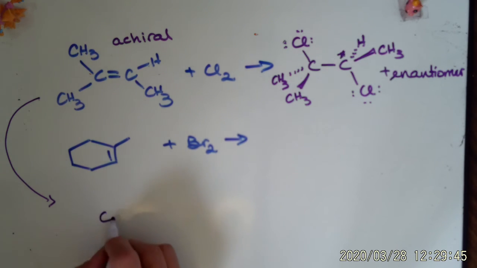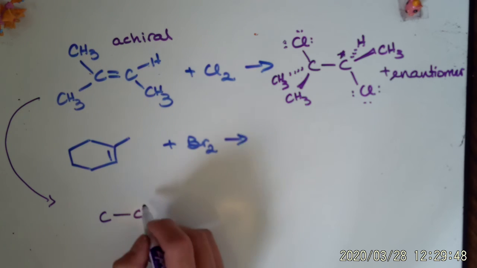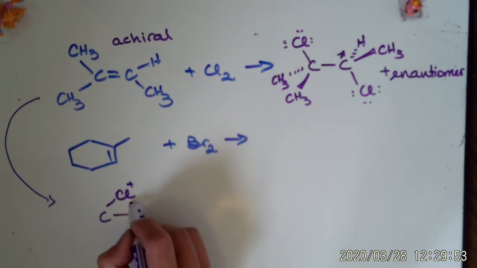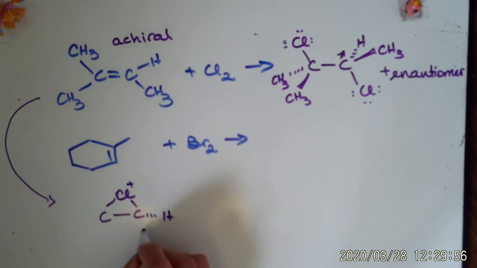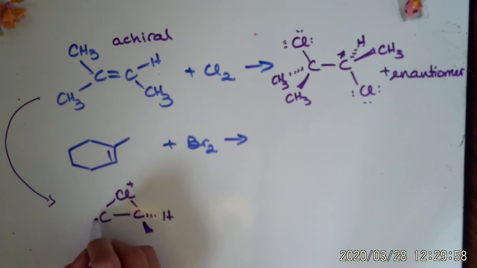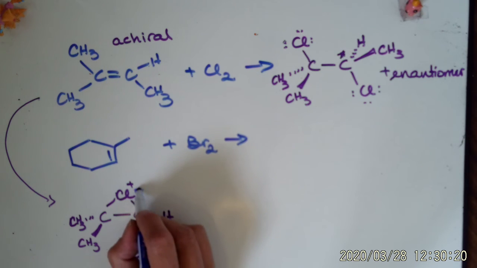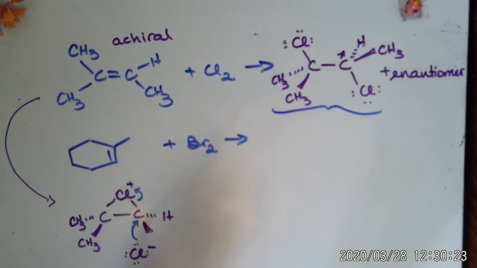Alright? So, I'll put down here, for the first one, what you're going to see. So remember, you can form your chloronium ion like this. Okay, when my chlorine comes back as a nucleophile to attack, if it attacks here, and I open it up there, that's where you get this product.